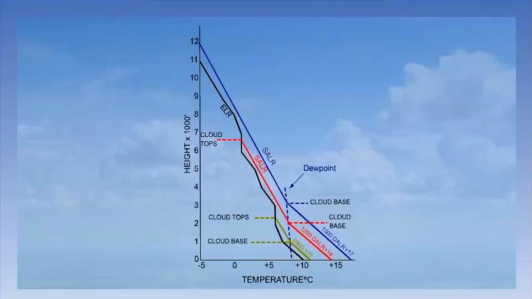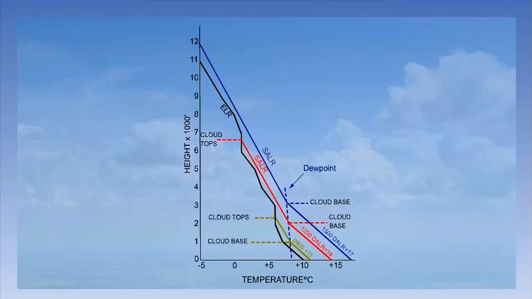Let us consider another scenario and think about the whole depth of cloud. With a temperature of plus 11 at 0900 we see air rising that is warmer than the environment, creating a convective cloud of this height and depth.